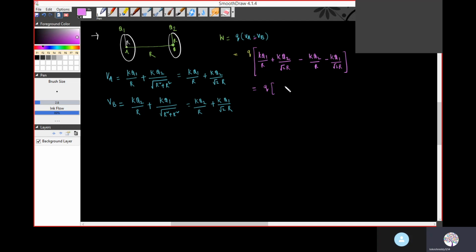If you simplify this, you get (root 2 minus 1) into (Q1 minus Q2) by 4 pi epsilon naught R into root 2. This is the work done.